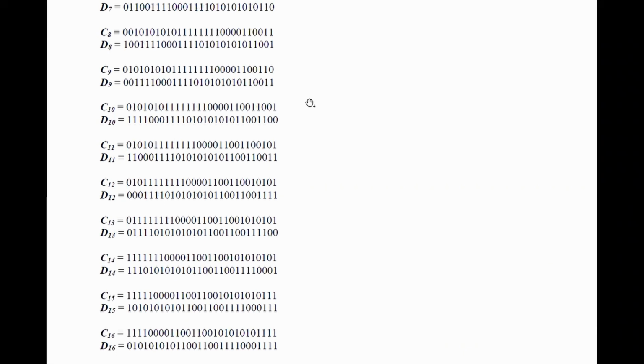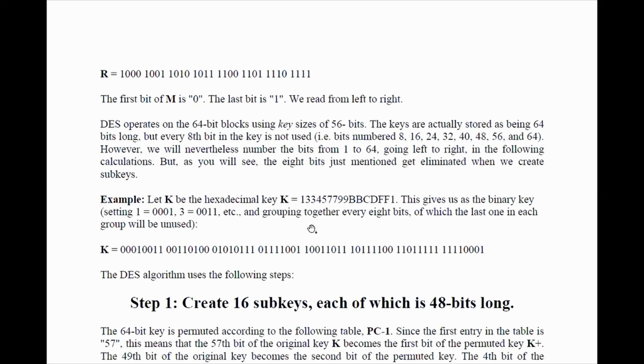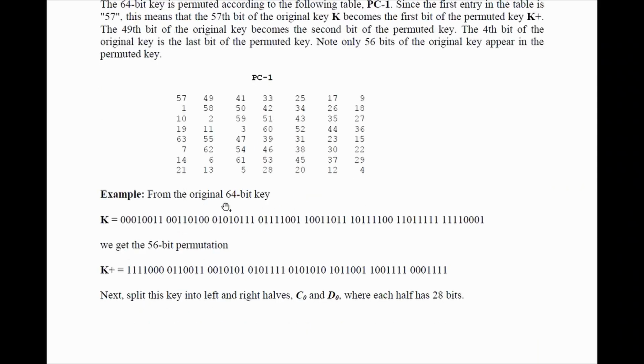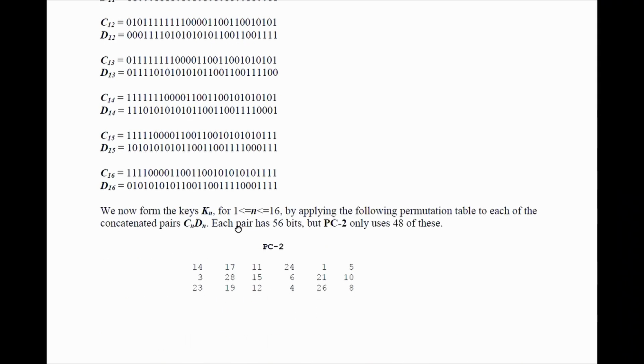This is a 56-bit key because you have divided a 56-bit key into two halves. This 56-bit key, you will have to reduce to a 48-bit key by applying the PC2, permuted choice 2 table.